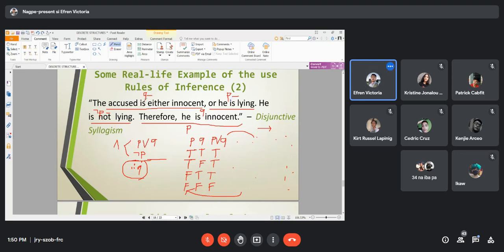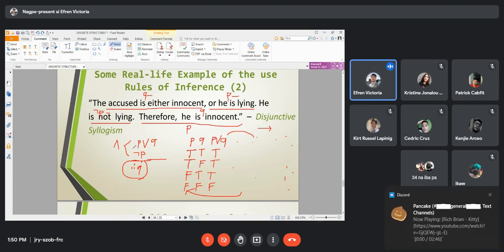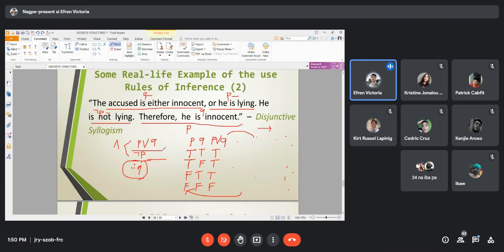Kasi, kahit inuna natin dito si Q at ito si P, pero yung sa form P or Q, di ba, same lang to kapag doon sa commutative natin na Q or P. So, ibig sabihin, pwedeng mauna si Q kay P sa pag-select ng proposition dun sa argument, sa paglalagay ng propositional variable. So, not necessary na kailangan si P yung mauna.